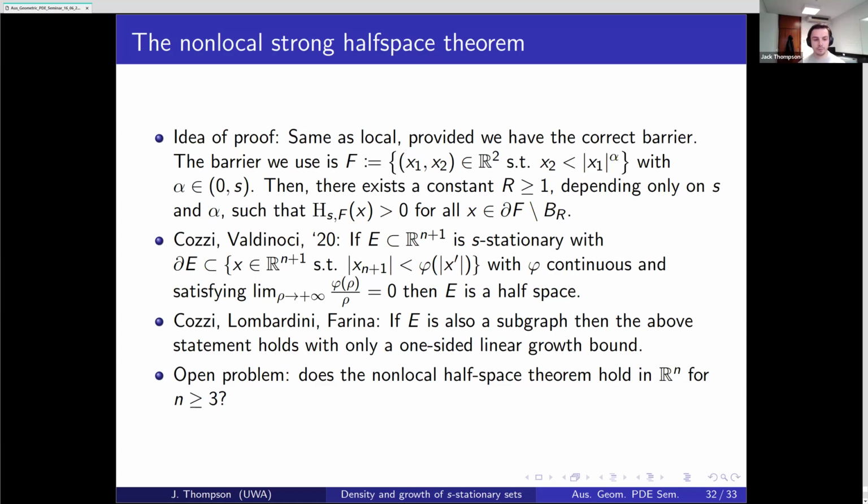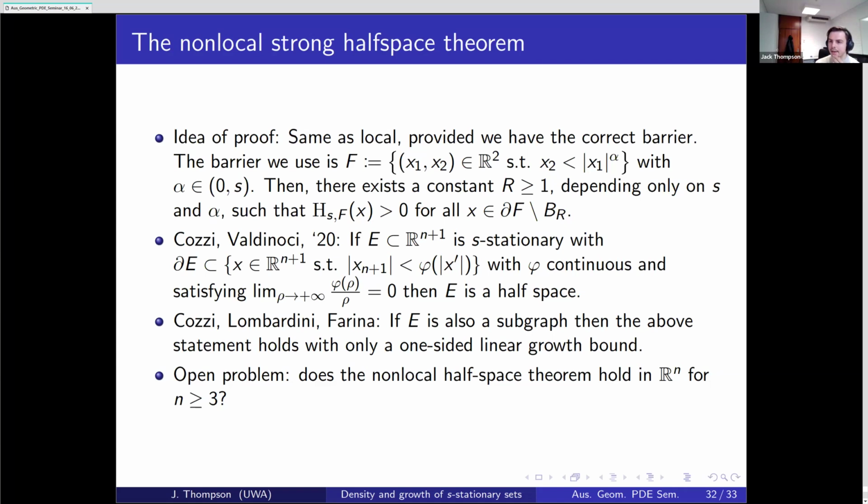But we know that, first of all, from the result of Cozzi and Baldinocci, but just in general, if my s-stationary surface is contained within two slabs, it sees too much of the complement, and it's going to have positive curvature. So it's not going to have zero non-local curvature. So this is not a counterexample.